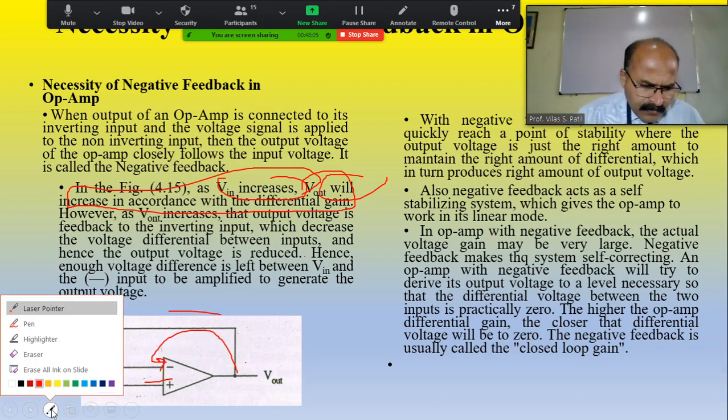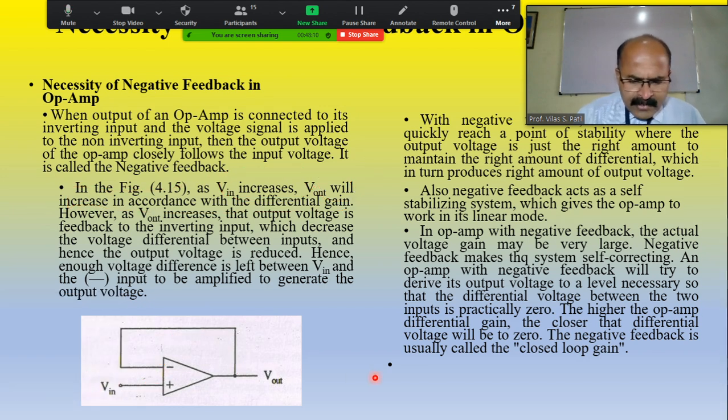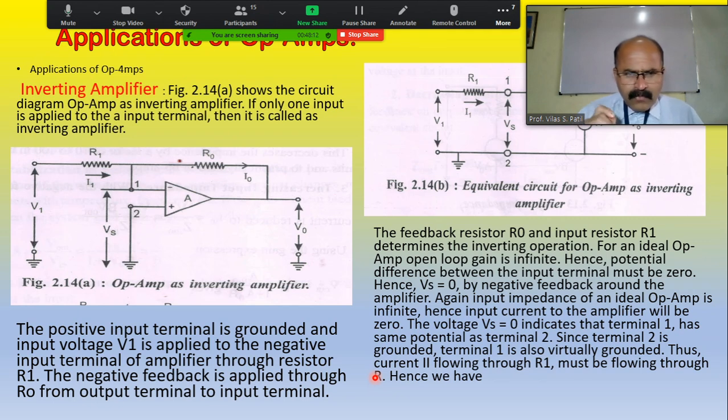Here I am erasing all things and going to the last topic of this chapter, that is applications of the op-amp.